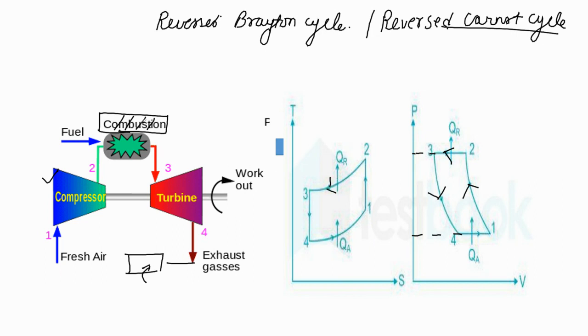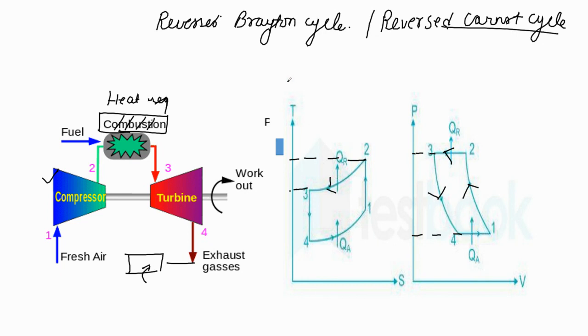This is a condenser-like process in which heat rejection takes place. Sorry, just correct it. You can see from this diagram the temperature is dropping: here the temperature is T2, and here it is T3. So this is the cooling, and this cooling takes place at constant pressure, and again there is an expansion, and then there is an absorption of heat.